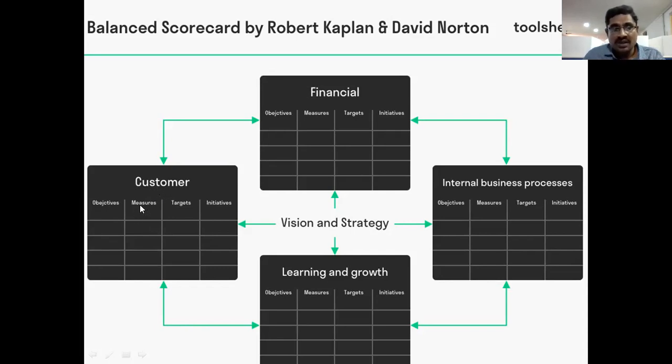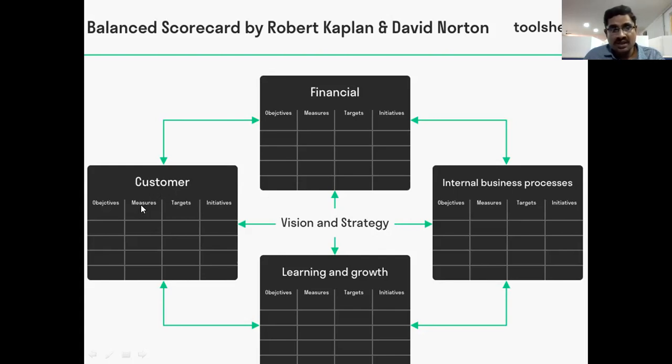And measures. Here measures means checking each and every task related to the customer point of view, customer satisfaction levels, right? So check our performance and compare it with the competitors' performance to attract the customers.